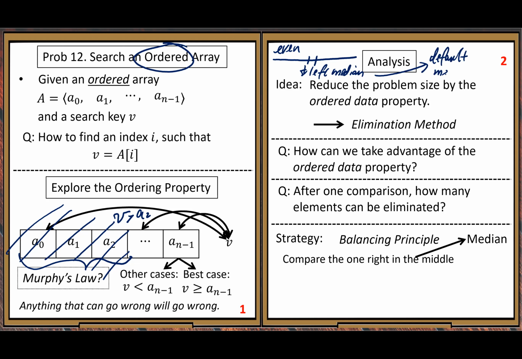That means if it's not specified, if people do not say left median or right median, people just say median, then we talk about the left median. Not the right median. Left median, default. So that's the meaning.